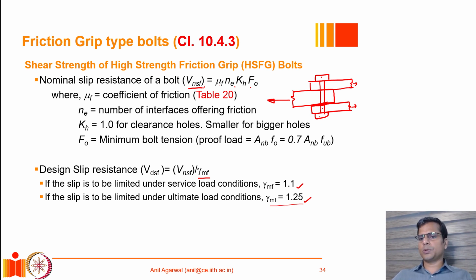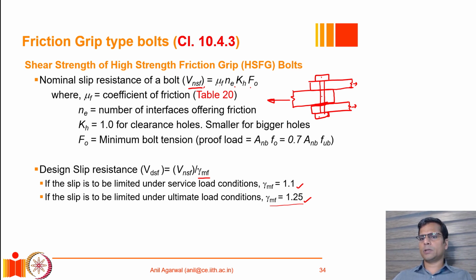But there are situations when many times these connections are designed to be slip critical under service loads, that is under serviceability conditions, but are designed to be bearing type connections under ultimate load conditions. So basically we don't have to apply enough tension force to resist the entire maximum load through friction. Through friction it has to only resist the service loads, so that from day to day requirement, there is no slip.